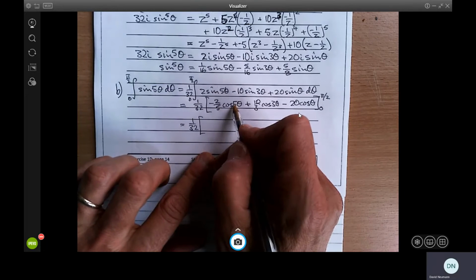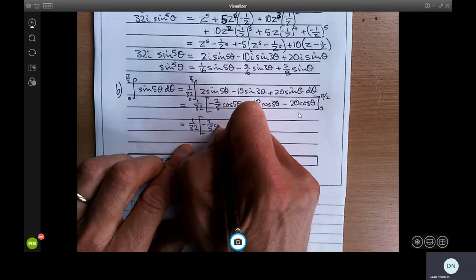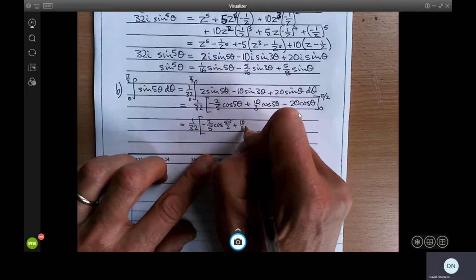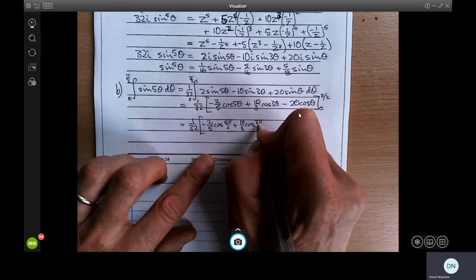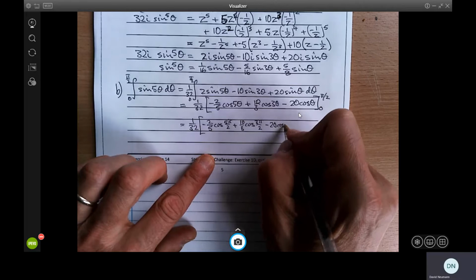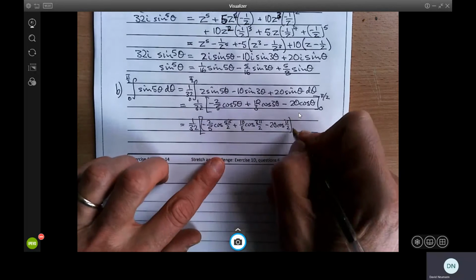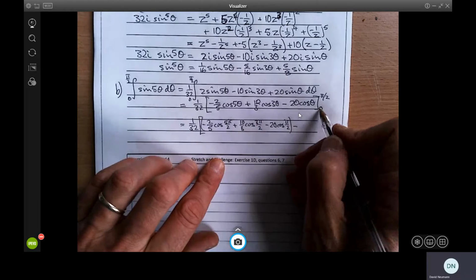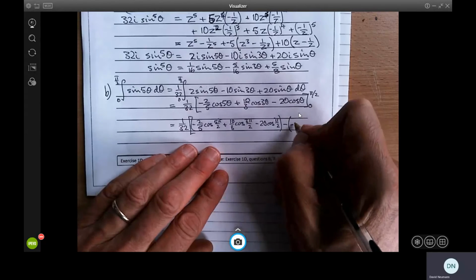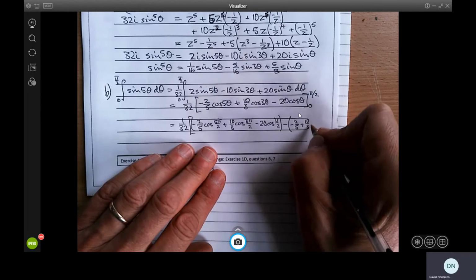We've got minus 2 over 5 cos of 5 pi over 2 plus 10 over 3 cos of 3 pi over 2 minus 20 cos of pi over 2, minus, well, we're going to put 0 in each of these, so that's going to be cos of 0 is 1, so it's minus 2 over 5 plus 10 over 3 minus 20.